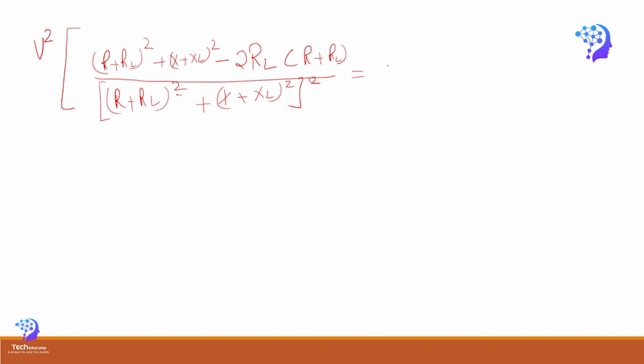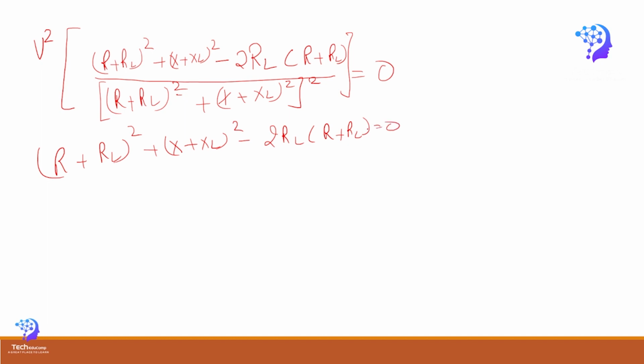Okay, and then equal to 0. This whole thing will get shifted there and become 0. V square gets 0, so we will be getting (R plus RL) whole square plus (X plus XL) whole square minus 2RL(R plus RL) equal to 0.